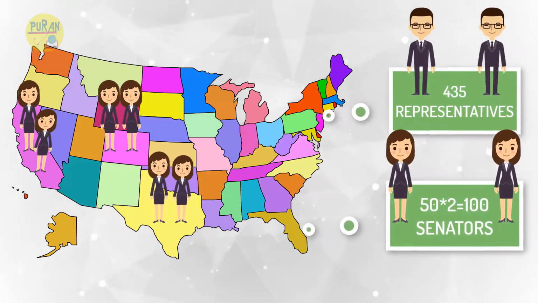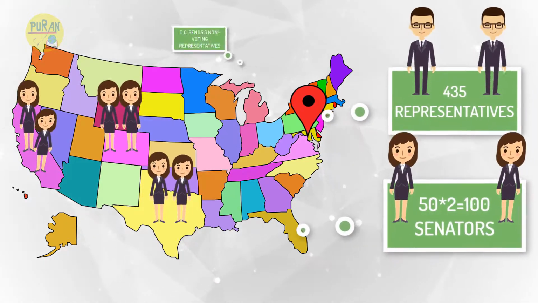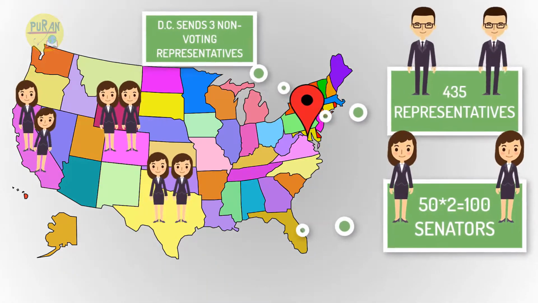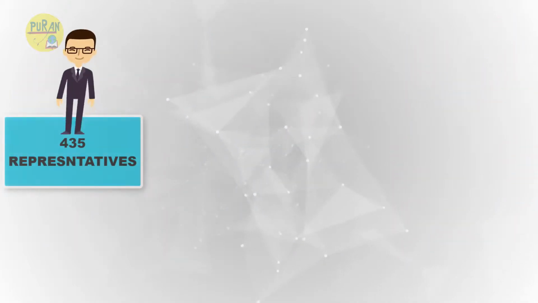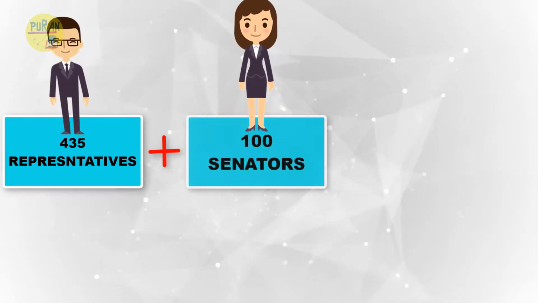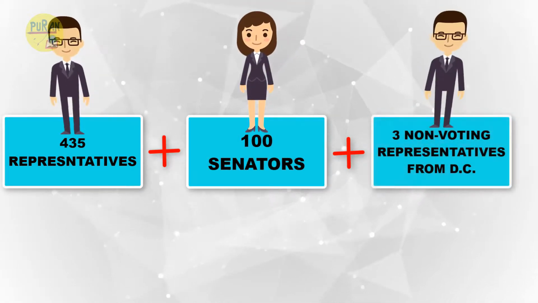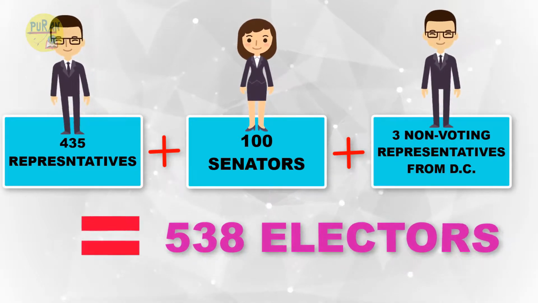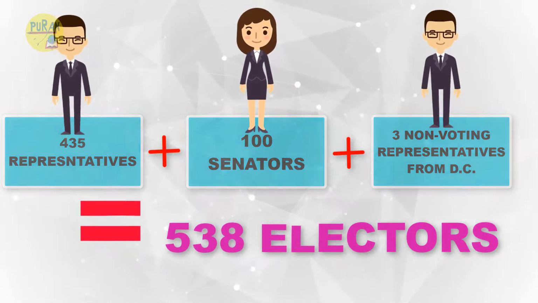That means total 100 senators and District of Columbia sends 3 non-voting representatives to the Congress. So, in total 435 representatives plus 100 senators plus 3 non-voting representatives from DC equals 538 electors.